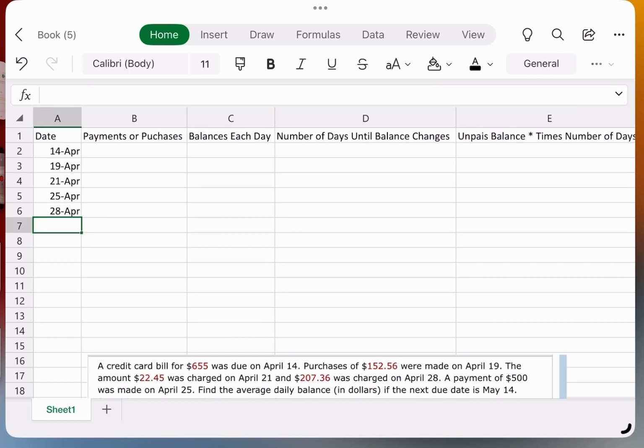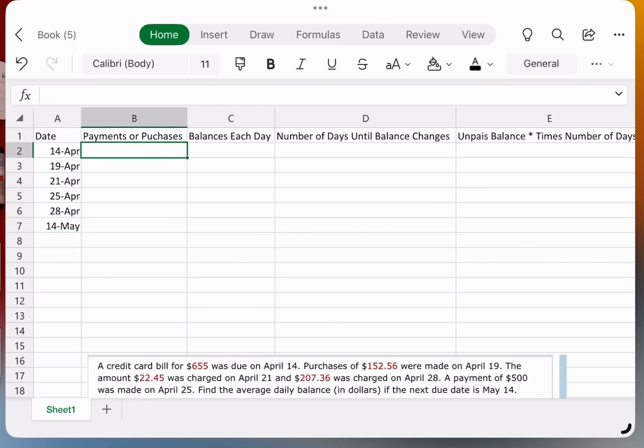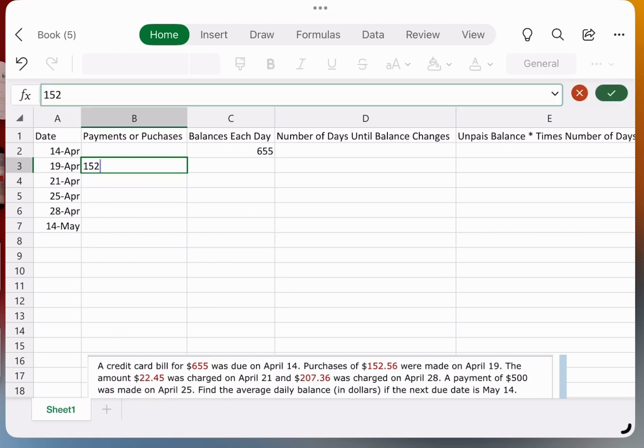So I'm going to write that too as well. So May 14th. So the payments and purchases, that means the balance each day. It begins with a balance of $655. Then it makes a purchase on April 19th of $152.56.